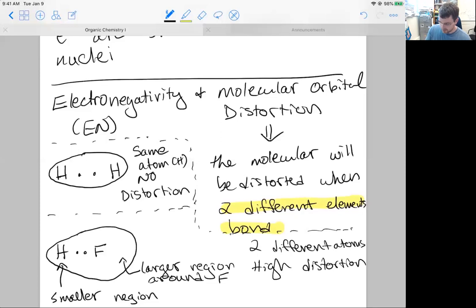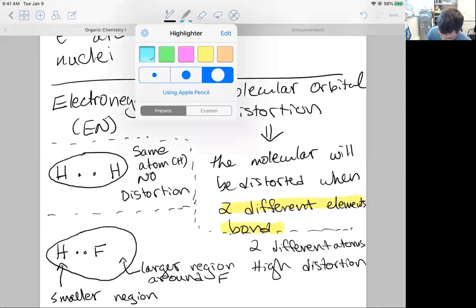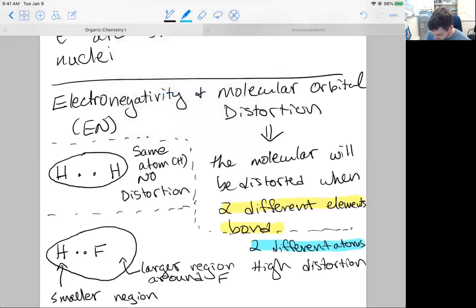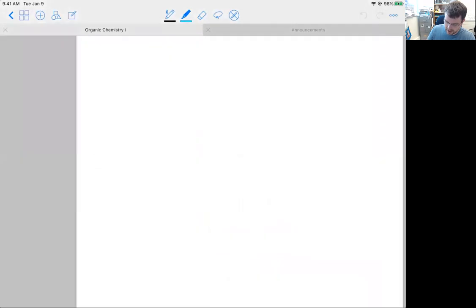The important thing is that with two different elements, we're going to see some distortion at least. Whereas if we have the same elements, as in the case of hydrogen and hydrogen, we won't see any distortion in that molecular orbital.